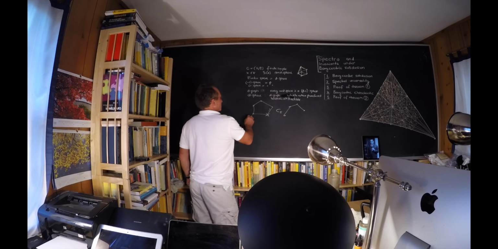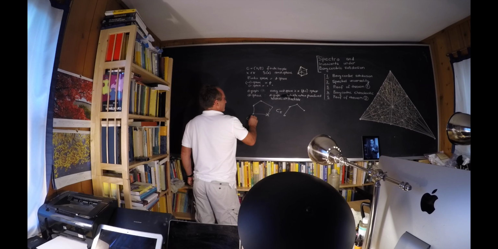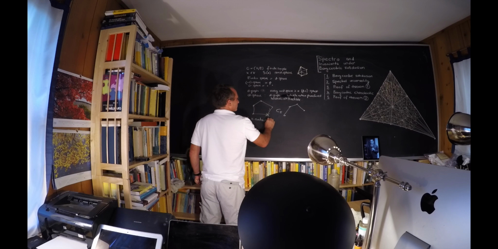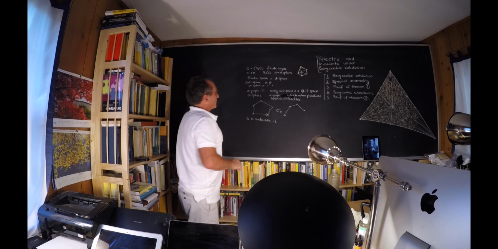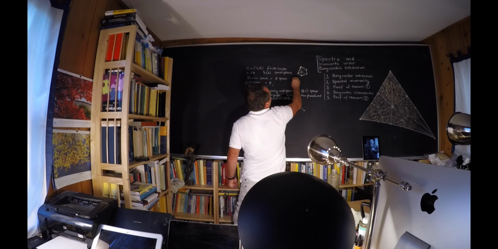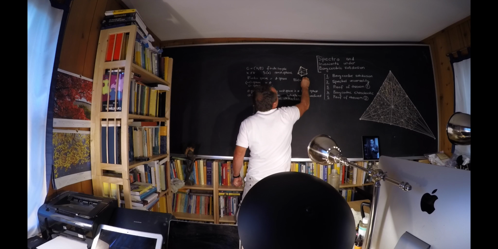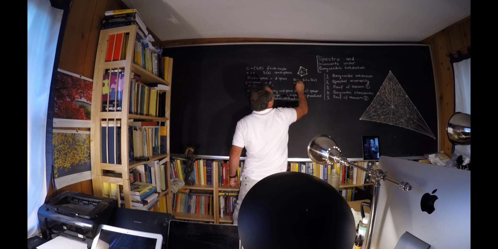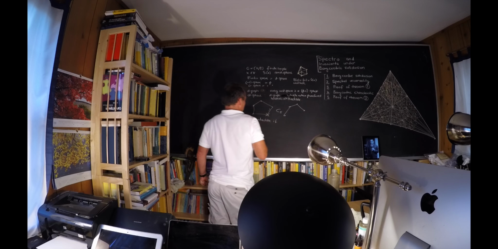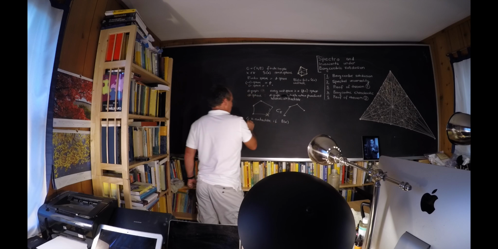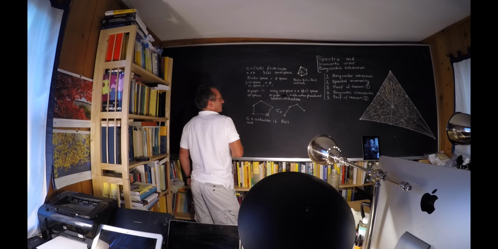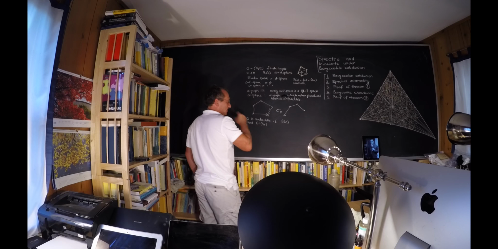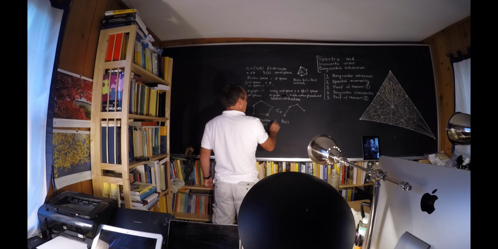G is contractible, inductively defined. Let me call B(x) the unit ball. If the ball B(x) and G minus the point, the punctured graph, are contractible.